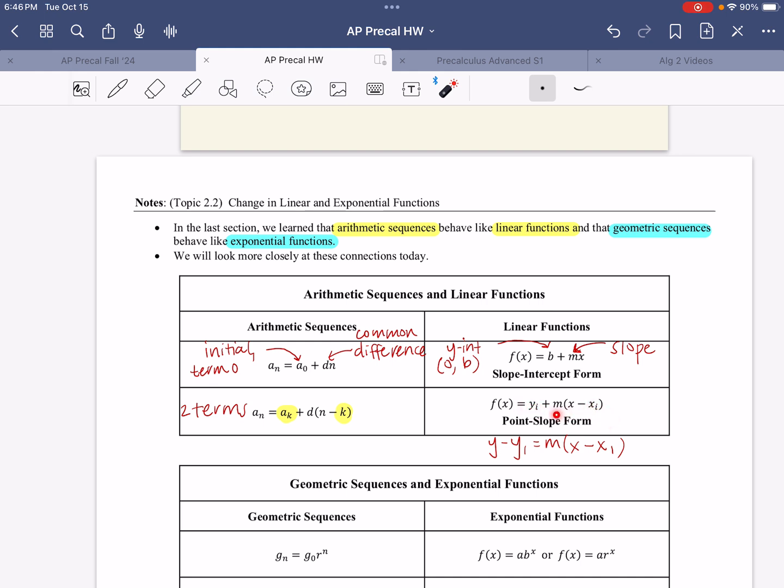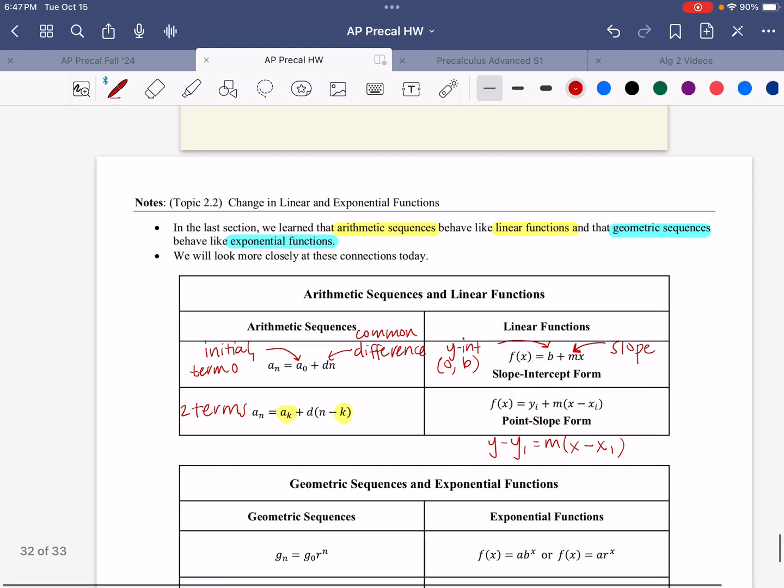So this could be any point on the function. And all it did was isolate the y. It moved that y value from the point over. So I'm going to go ahead and say x sub i and y sub i just represent a point on the function f of x.